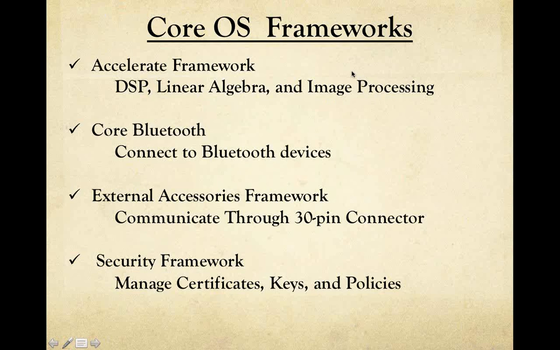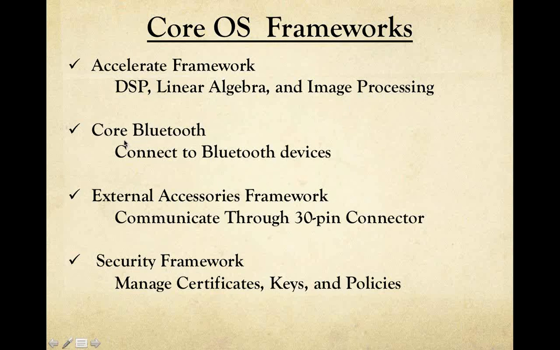When you take an image in your device, you can directly see that image in your phone library. But before saving that image to the library, internally there will be some image processing happening, and after that it will save to the image library. All that image processing is done by this Accelerate framework.